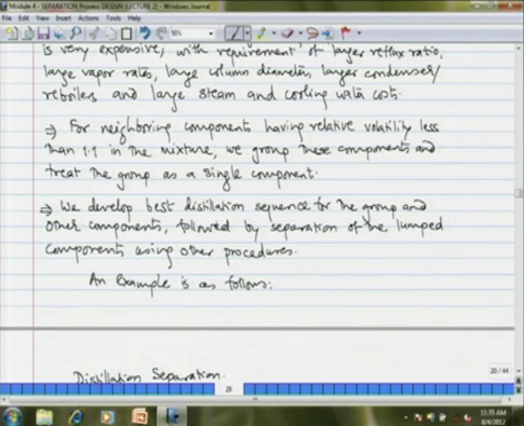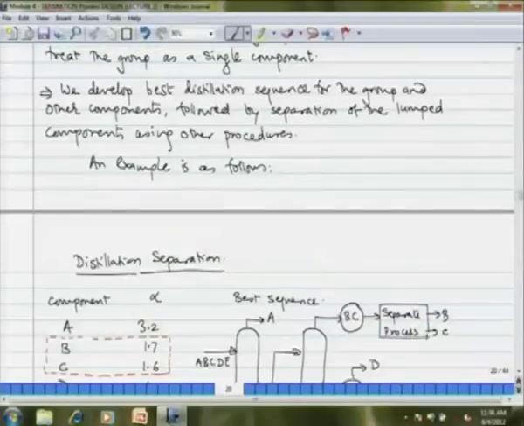If the relative volatility is less than 1.1, then you treat that mixture of components as a single entity, try to remove all other things, and once everything is removed, then you try to split that mixture. We have to develop the best distillation sequence for the group and other components, followed by separation of the lumped components using other procedures.